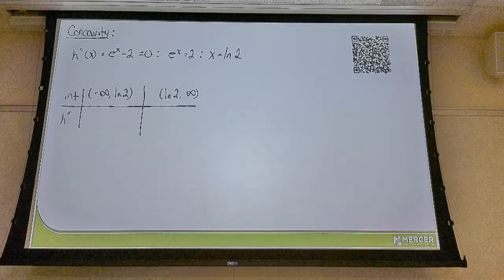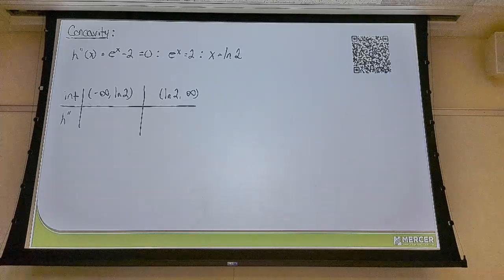What is the value of natural log of 2? No idea, but it's greater than 0. So I can use 0.